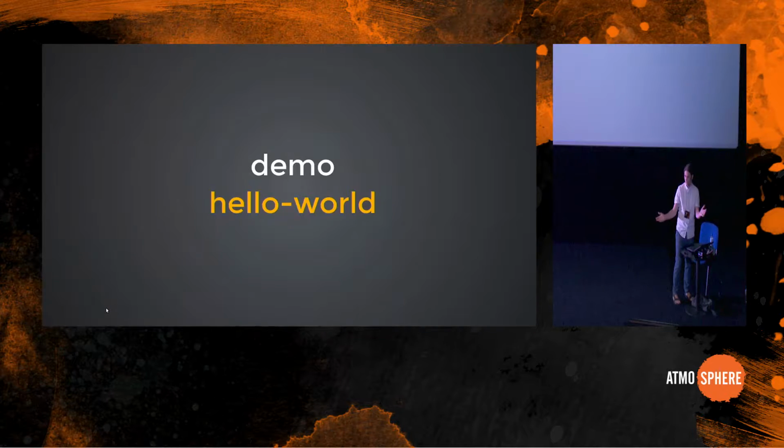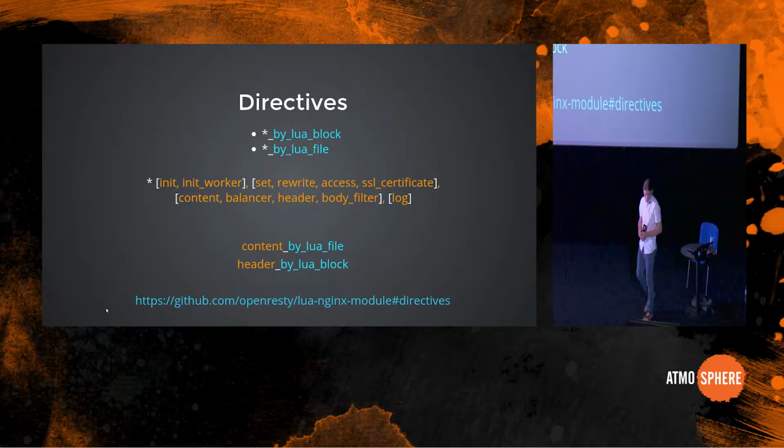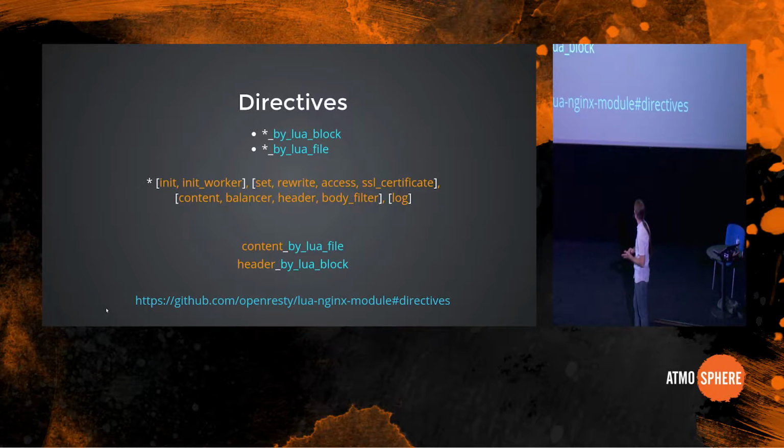Yeah, so it's just hello world. Great, isn't it? You can do things like hello world. It's really nice. How to do this? You have a couple of sections in the nginx configuration file, right? So you have the initialization section. You have request section, response section, and log, and you just concatenate those. So you take, for example, rewrite, and you say rewrite by Lua file.